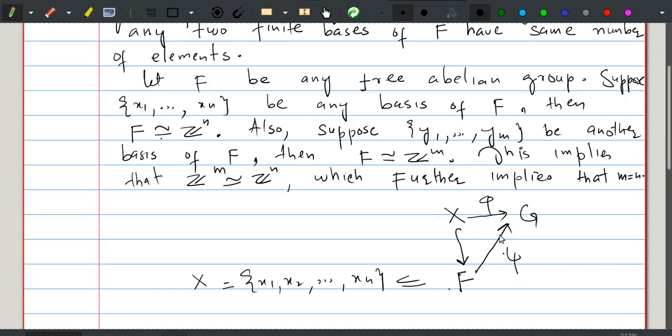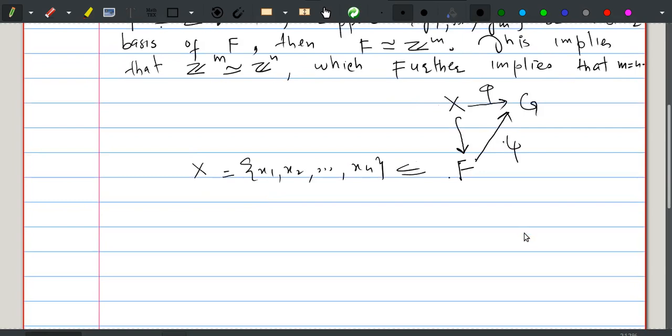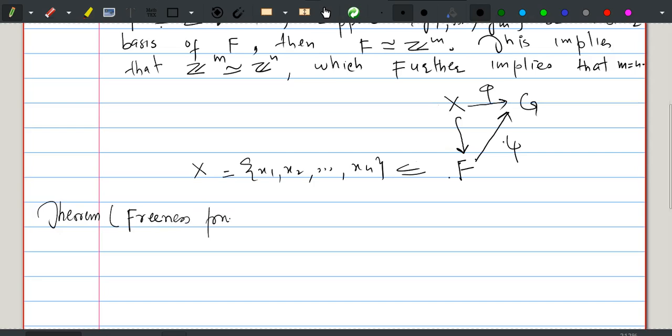Then this phi can be uniquely lifted to a homomorphism from F to G. So this is actually the freeness property of free abelian groups. This is called the freeness property.